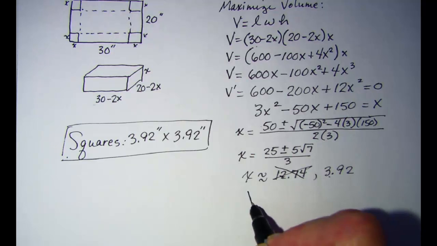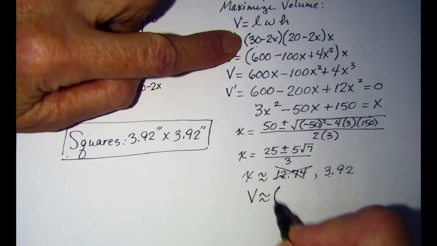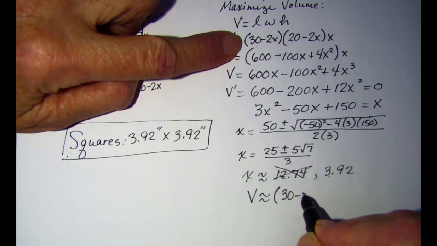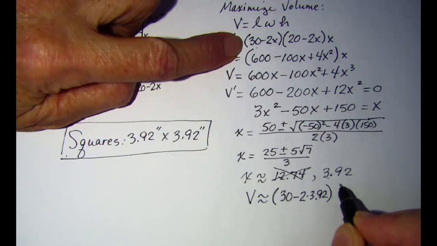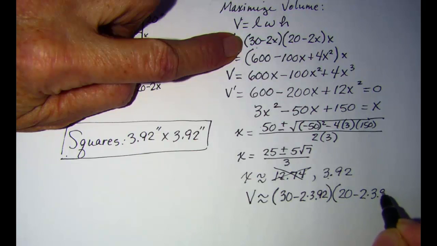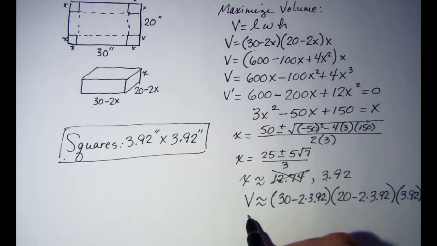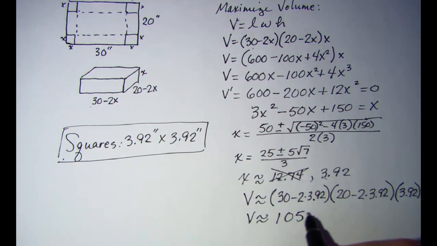And it looks like our volume will be approximately 30 minus 2 times 3.92, times 20 minus 2 times 3.92, and then times 3.92. This works out to be about 1056.3 cubic inches.